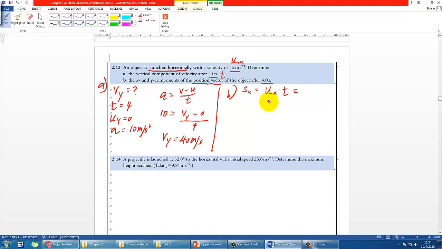So you can just simply calculate the horizontal displacement by this method, like how you do in primary school. And so that will be 12 times 4, that will be 48 meters simply.